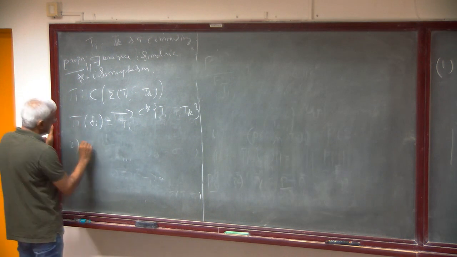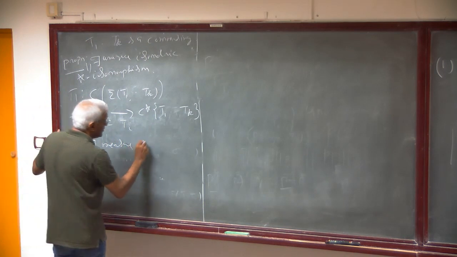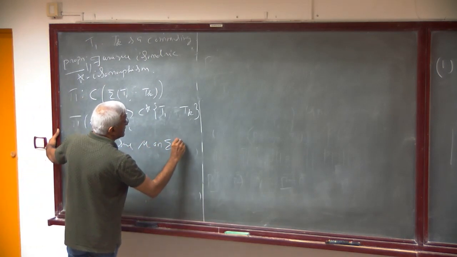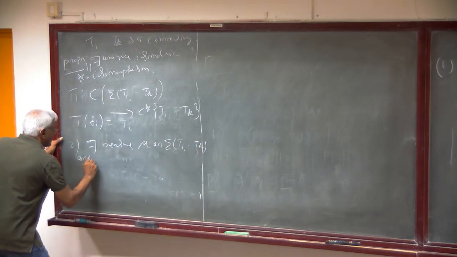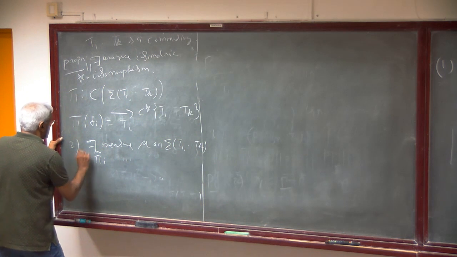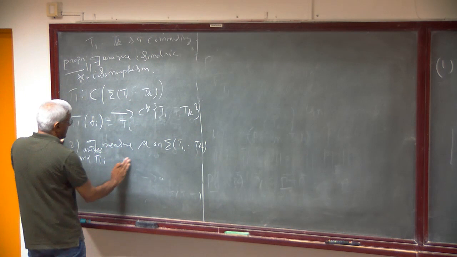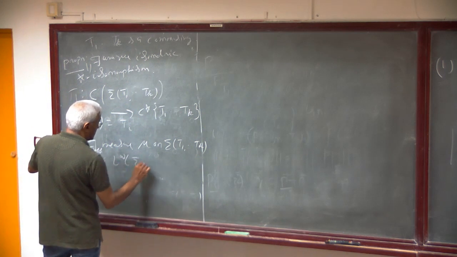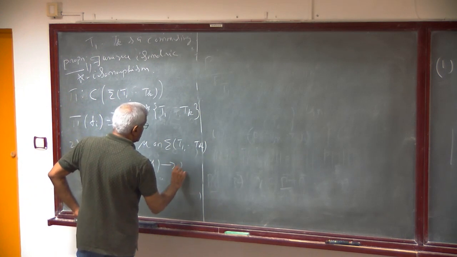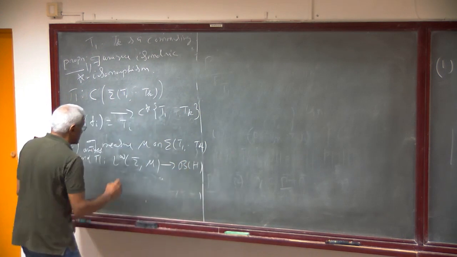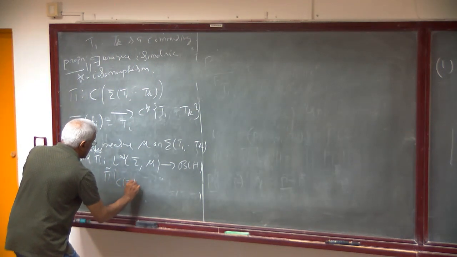Second statement is there exists a measure mu on the sigma of T1 up to Tk and a unique pi tilde from L infinity of sigma, mu, into B(H), such that again pi tilde restricted to C of that sigma is pi.